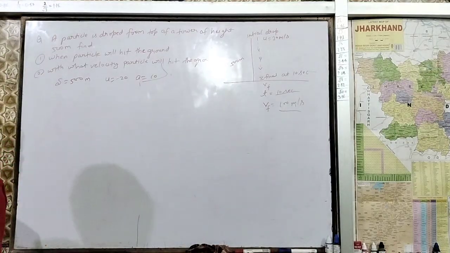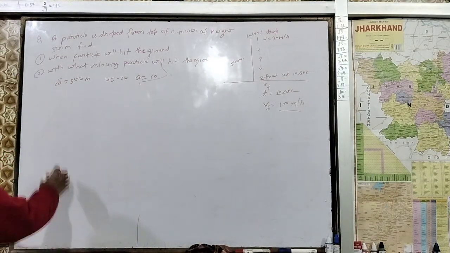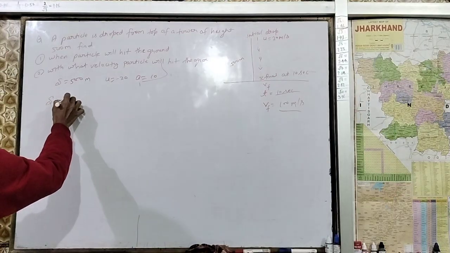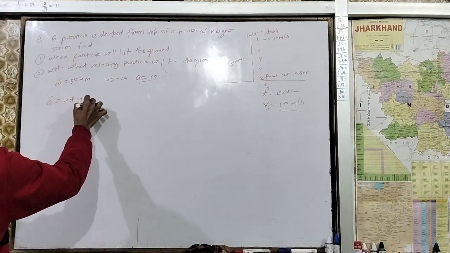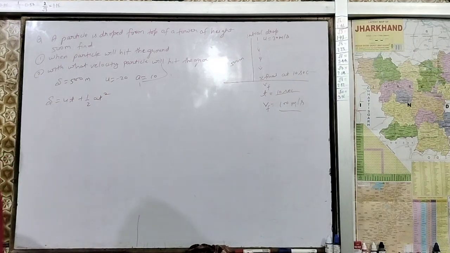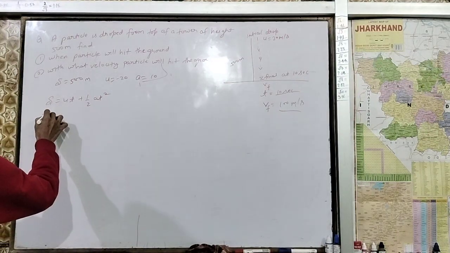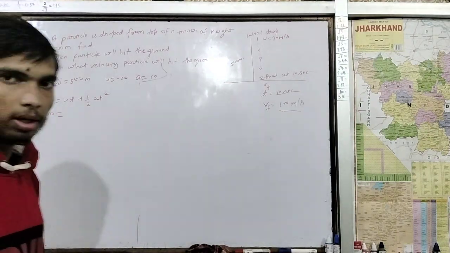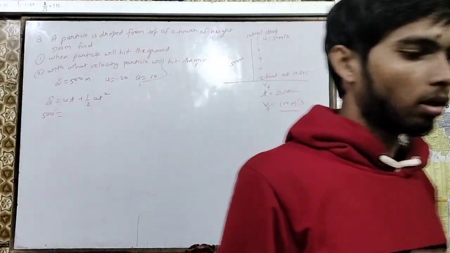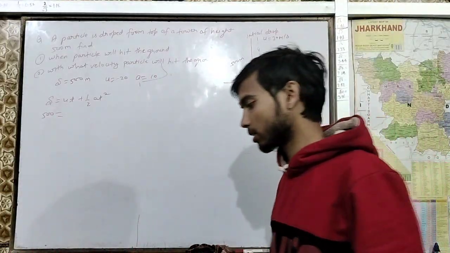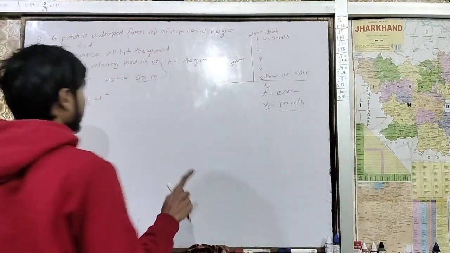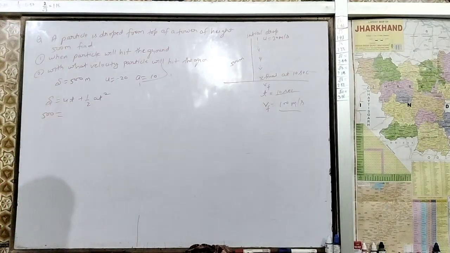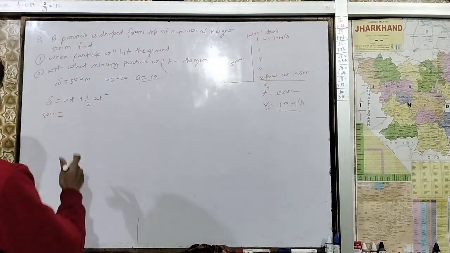Now the same formula, the same equation you can use. s is equal to u t plus 1 by 2 a t square. s is 500. Everything will be the same, only u will be minus 20, because we have changed the question.